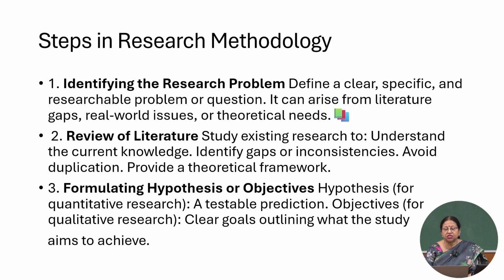Formulating hypothesis or objectives, which means that when you try to understand what is the objective of your research, only then can you work on it. Hypothesis for quantitative research is a testable prediction. Objectives for qualitative research are clear goals outlining what the study aims to achieve.